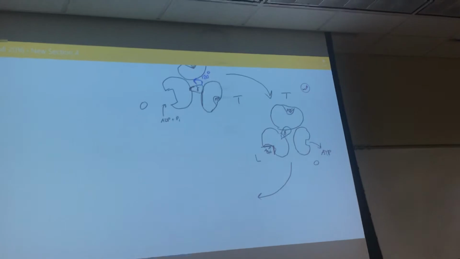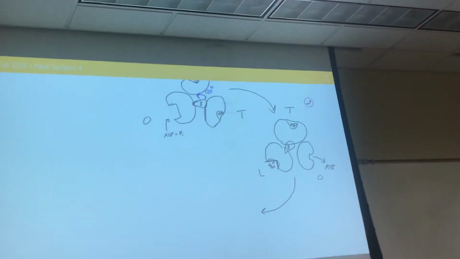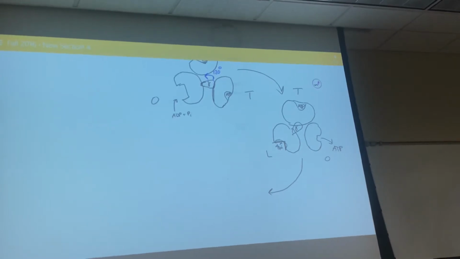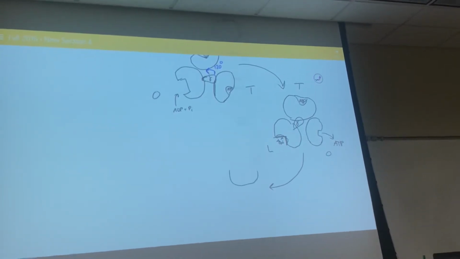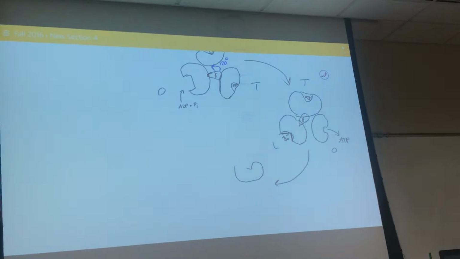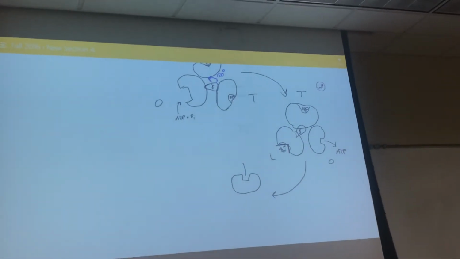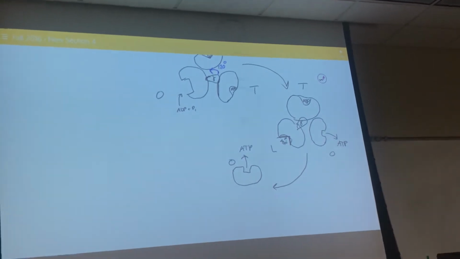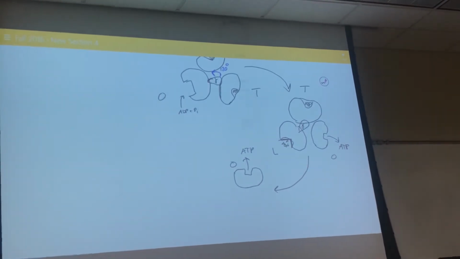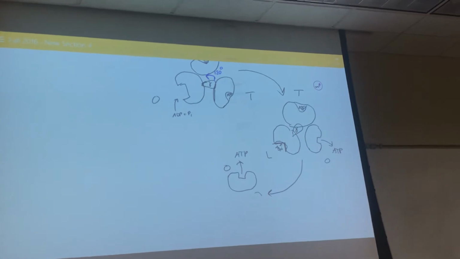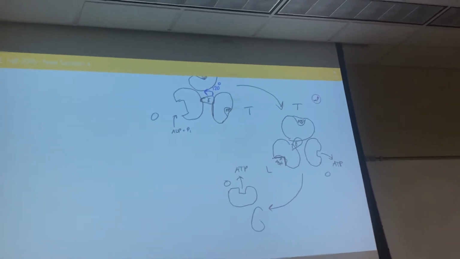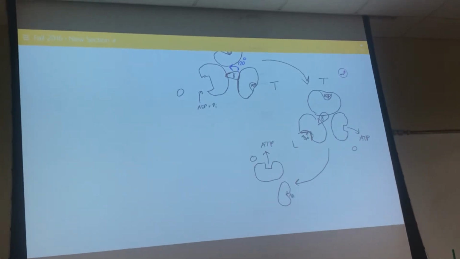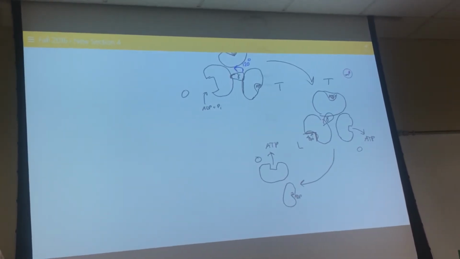What now is tight? Well, it will have another rotation. It would open up, allow your ATP to leave. It became open. What was open now becomes loose, so we have our Pi and our ADP loose.